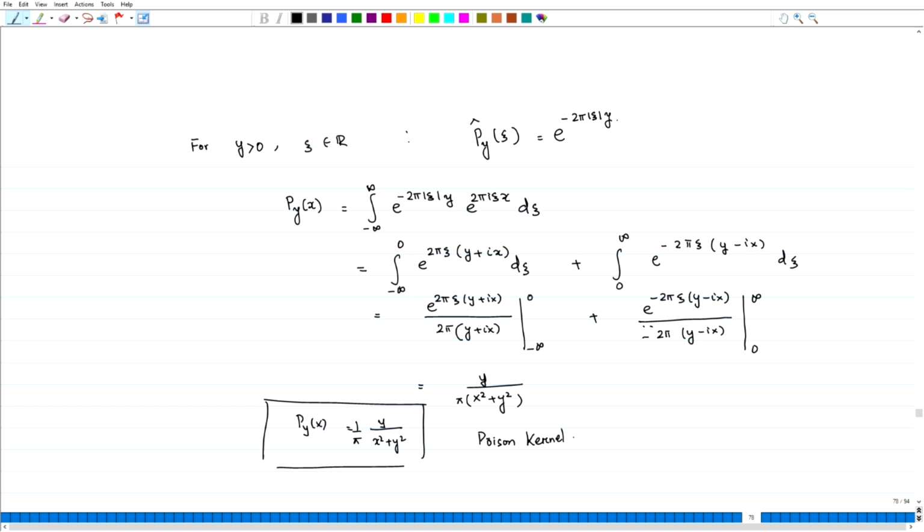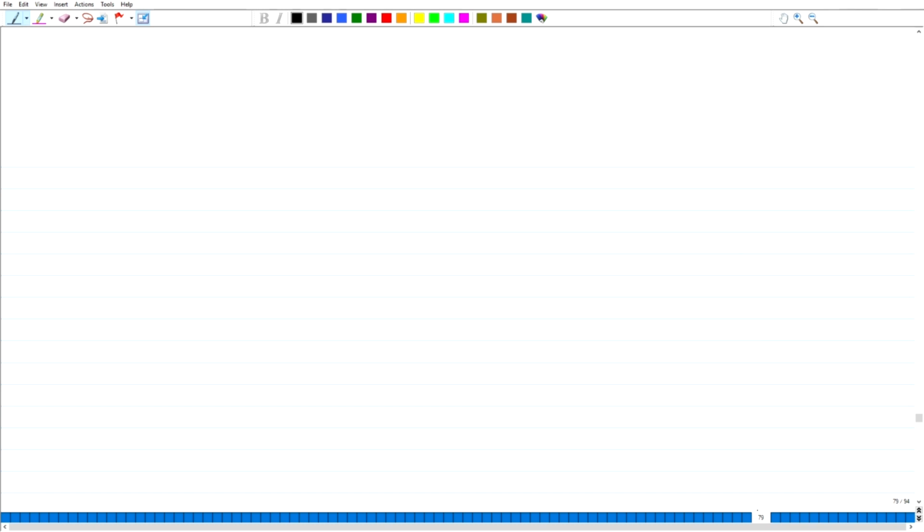Now, like in the heat kernel case, here we will also rely on the fact that this Poisson kernel is a good kernel. In order to check whether it is a good kernel or not, the first property is that P_y(x) is greater or equal to 0, because y is greater than 0, hence this is greater or equal to 0.